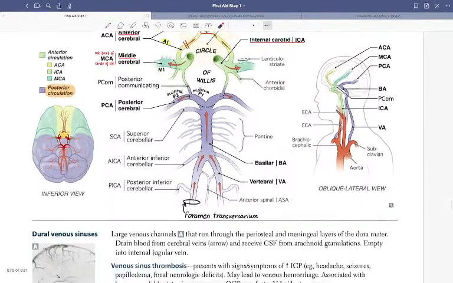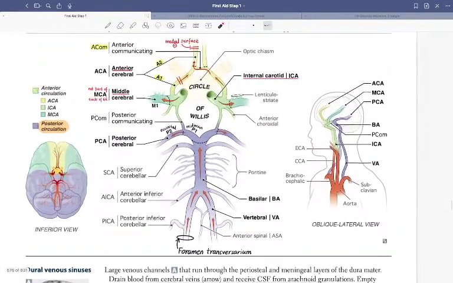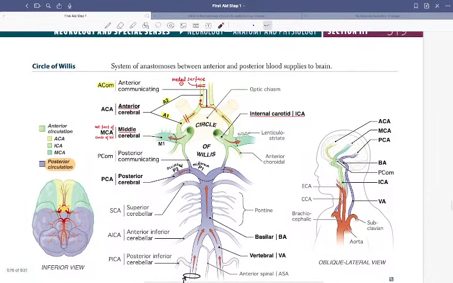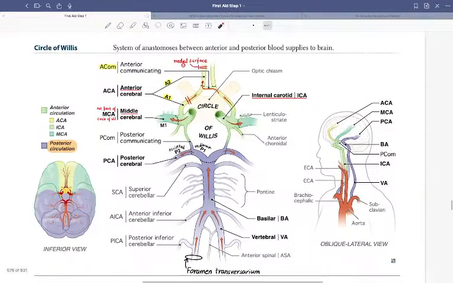Okay, next we have this. The circle of Willis is very important, but more important than this particular diagram, the one Xenon had given was even better. For the posterior circulation, just remember this much: PICA goes like this, and then the vertebrals join and form the basilar artery, which divides into the posterior cerebral arteries. AICA is a branch of the basilar artery, while PICA is a branch of the vertebral artery.